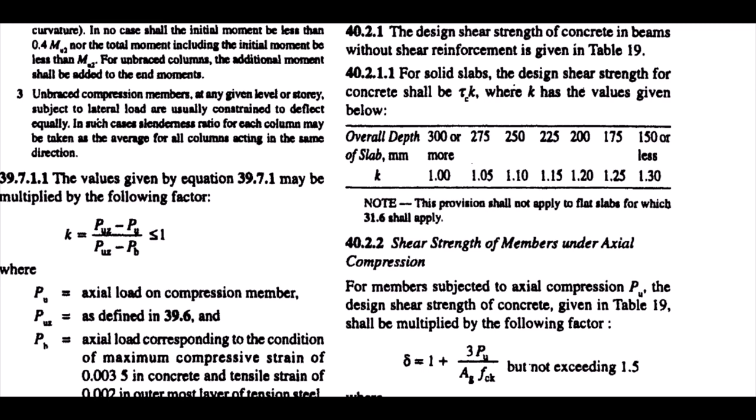These are the depths: 300 or more, 275, 250, 225, 200, 175 and 150 or less. Our overall depth is 150, so the K value will be 1.3 for us. Let's check the calculation.